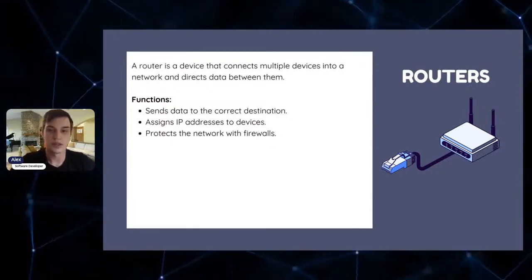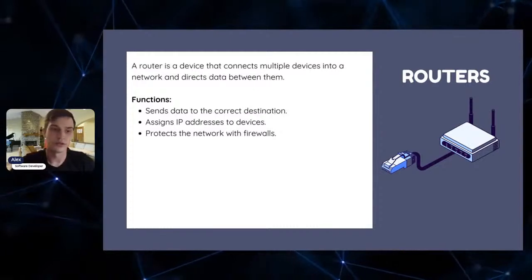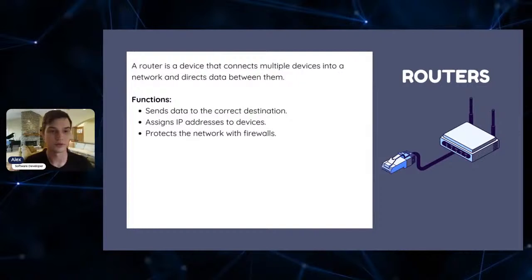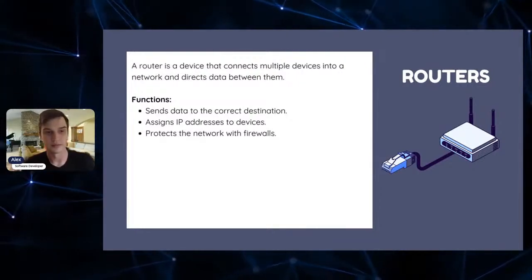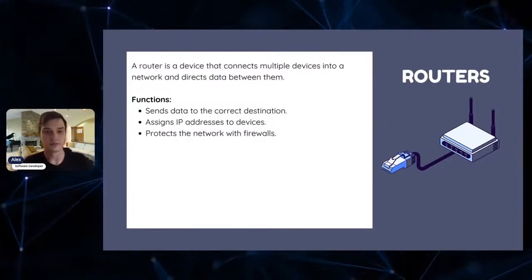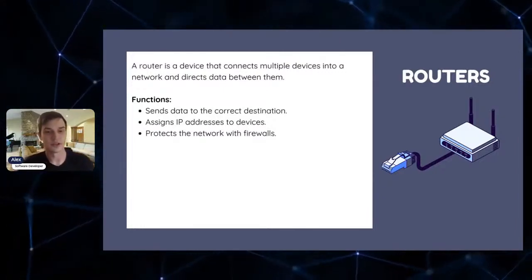So people decided that, okay, we'll use routers. Routers will make routes and send information from source to destination directly, not to everyone. So it's the first function of the router.